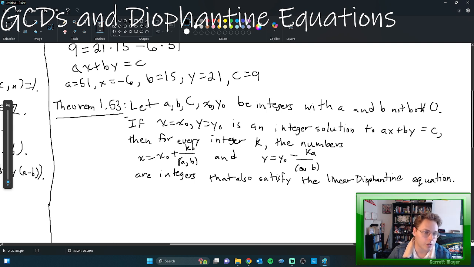Okay, so this will be the first thing that we prove. We're going to prove that this algorithm can get us another pair of integers that satisfy it.